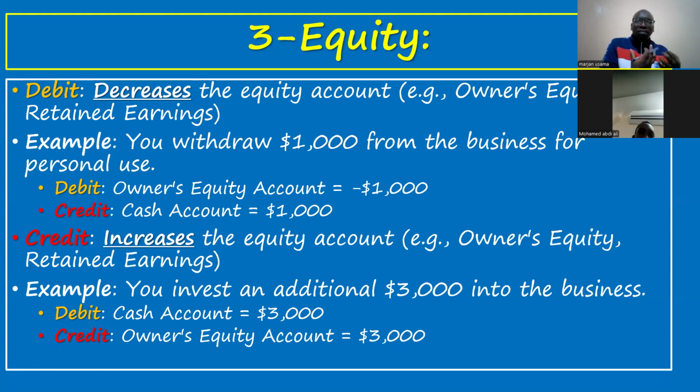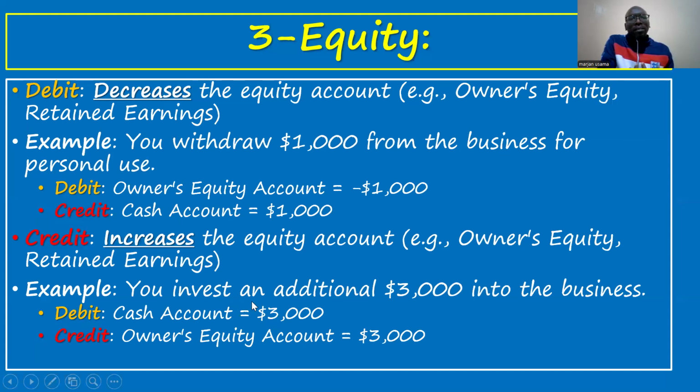So this is negative, it's not positive. But here, you're adding some money, which is 3,000. So you debit the cash account and you credit your owner's equity because your equity is increasing. So you debit it with what? Plus. So here we have 2 plus. The cash account increases, and also your share in the business increases.